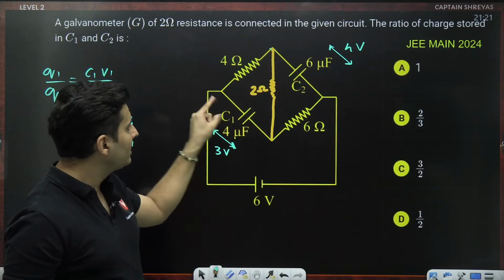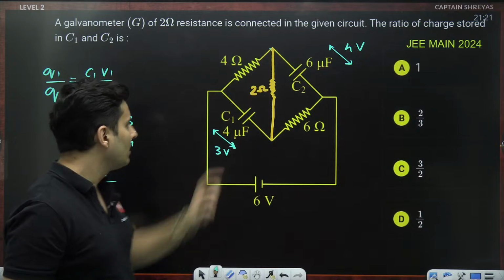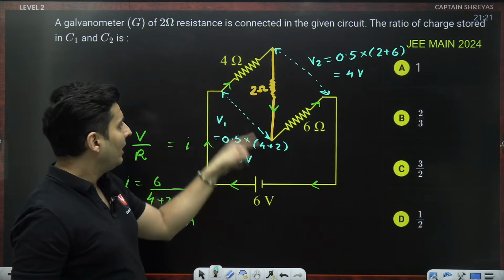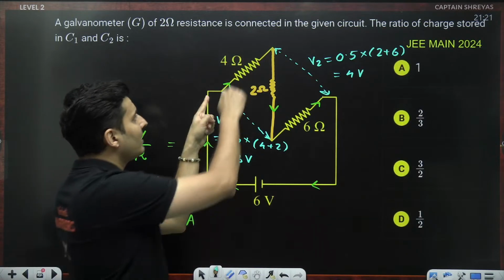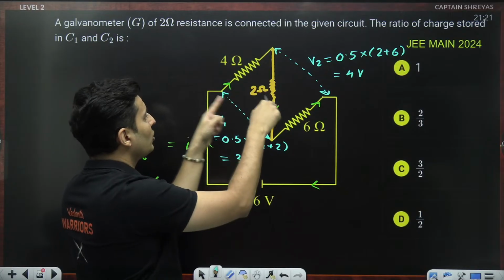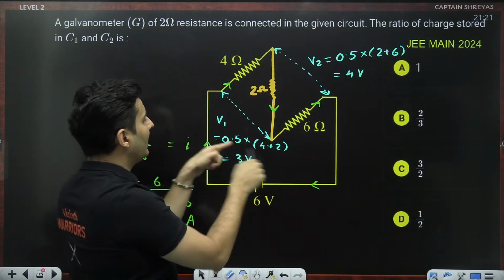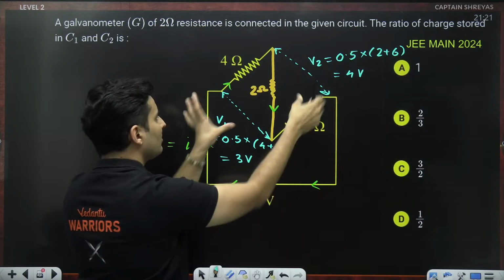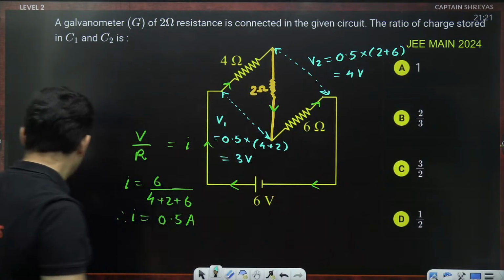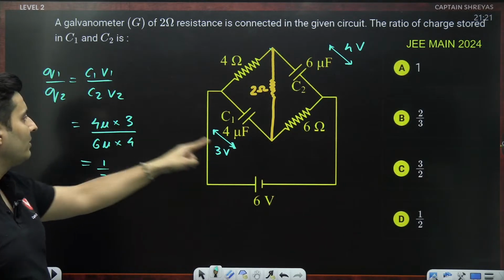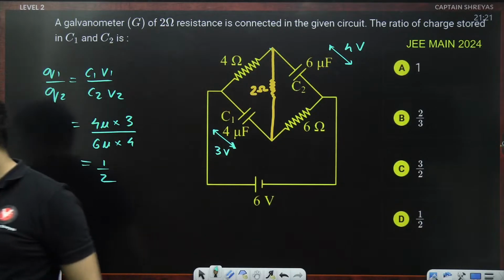To find the voltage between any of these 2 points, I went back to this diagram and I thought, okay, I know the current, I know the resistance in this path, 6 ohms and 8 ohms. So current into resistance gives me the voltage between these respective points. Multiplying the voltage with capacitance gives me the charge.